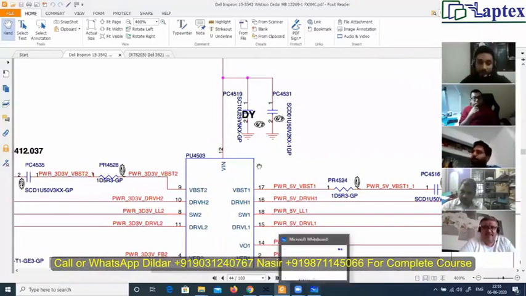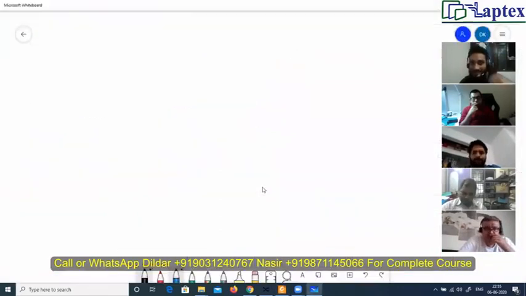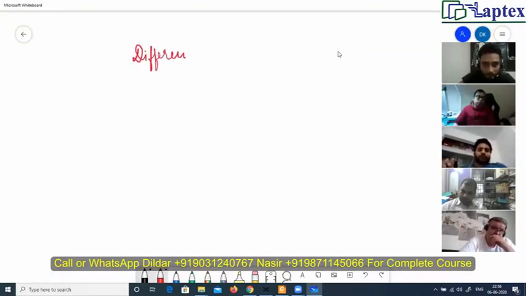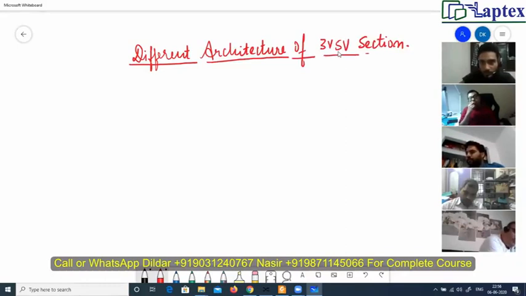Okay, see here. As I told you, there are 5 types of architecture that we'll see. First, I'll list those out. Then, after listing those out, we'll see one by one. So, different architectures of the 3 volt, 5 volt section, right?